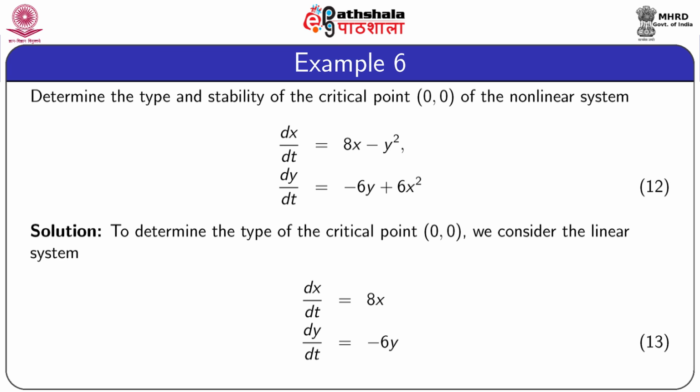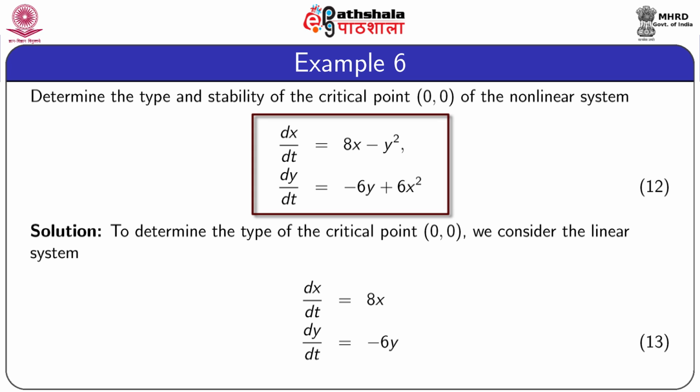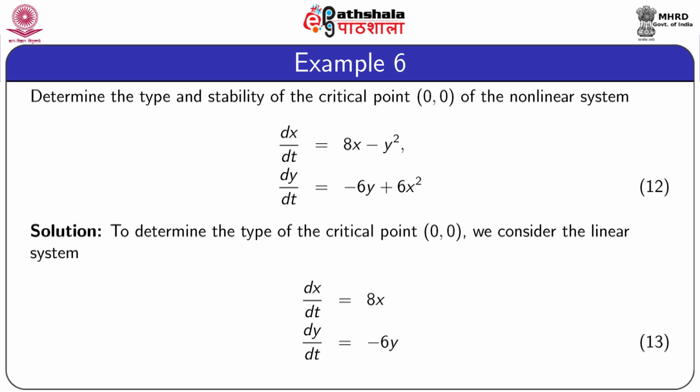We now take an example which will clearly explain the theorems we just stated. In this nonlinear system given by equation 12, dx/dt = 8x - y squared and dy/dt = -6y + 6x squared, we have to determine the type and the stability of the critical point.